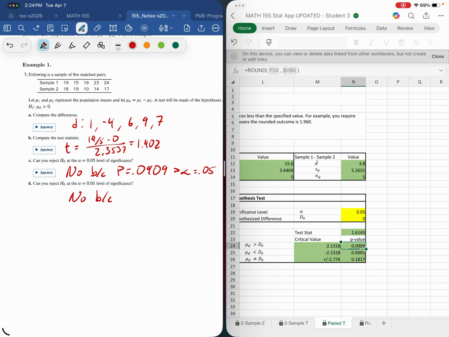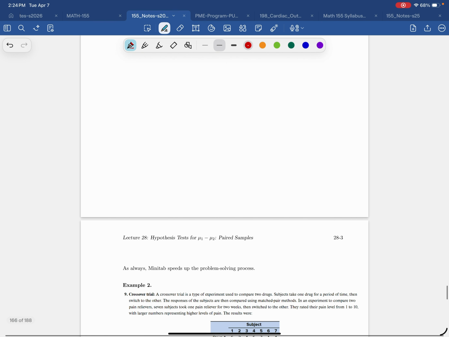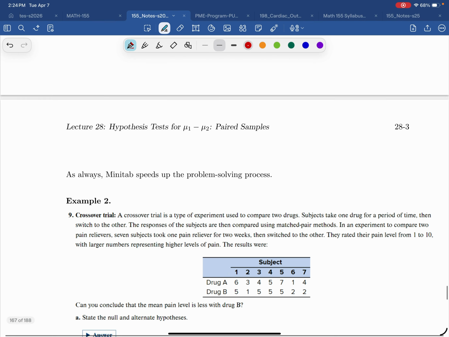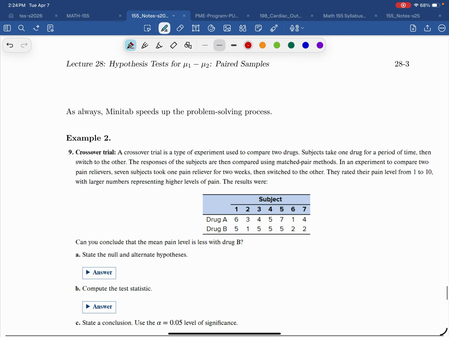And a similar thing happens here. Okay. So that's what we're doing right there. And as always, we're using Excel. Right, we've got this situation. You can pause and read the question. But again, we have paired data.